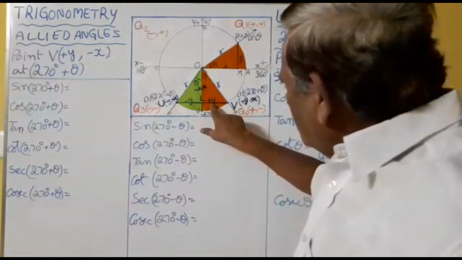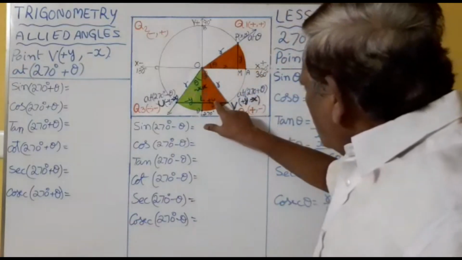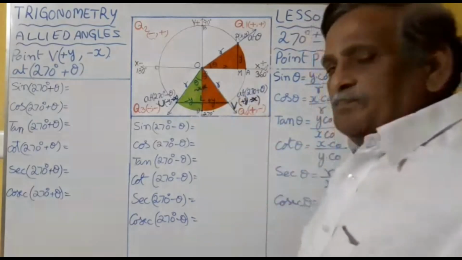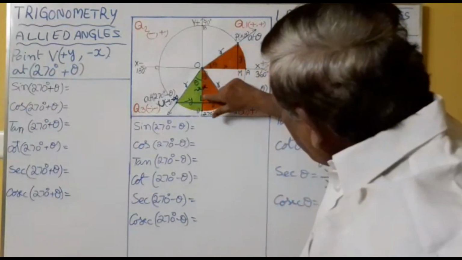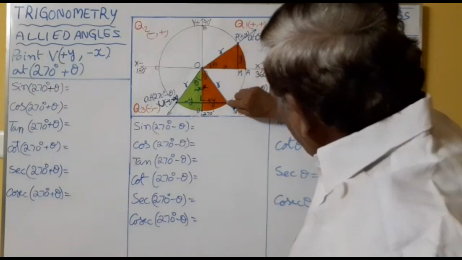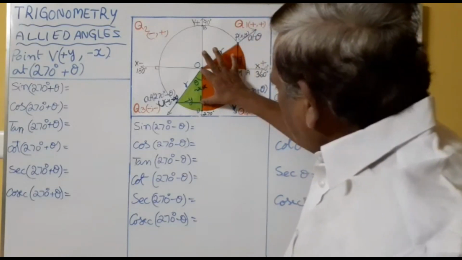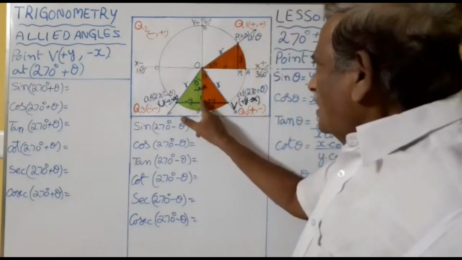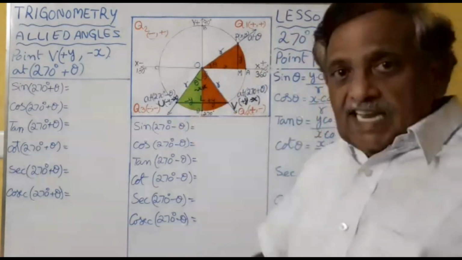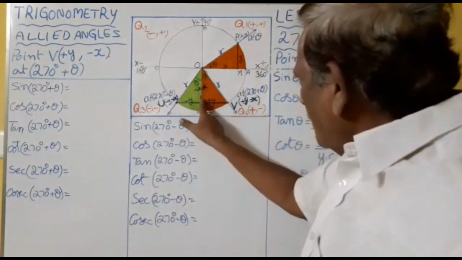The x coordinate is towards the positive direction. Therefore, it is plus y. This is the vertical distance, and this distance is equal to this distance. This vertical distance is generally taken as the y coordinate. Therefore, x is the y coordinate.